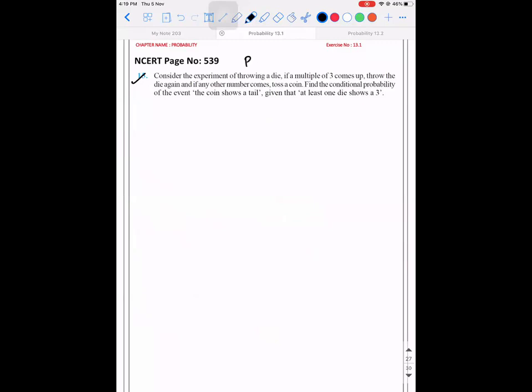So again, we need to find the probability of E given F. Here, E is: the coin shows a tail. And F is: at least one die shows a 3.